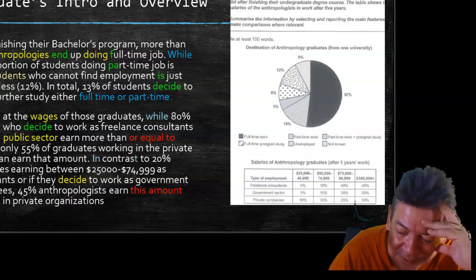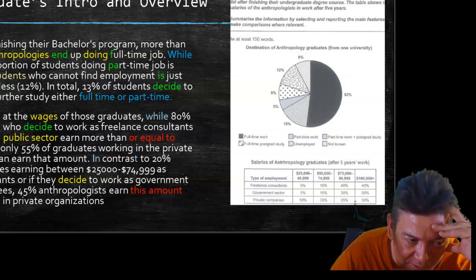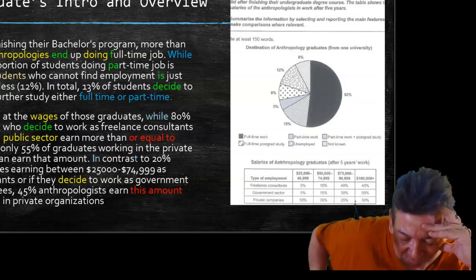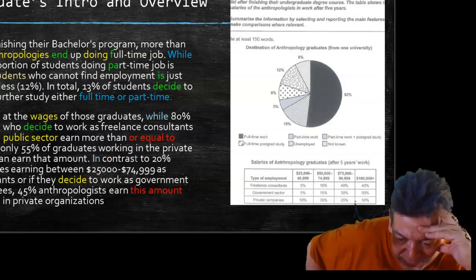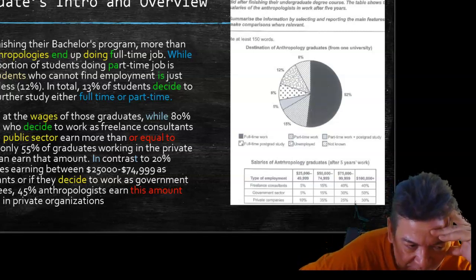So not every sentence needs to be a complex sentence. Not every sentence has to have a connector. Okay, like the by contrast here. By the time I get to where it's talking about the second part, I've forgotten that the by contrast was there. You need to tighten up your descriptions of the people you're talking about. Okay, in contrast to 20%.